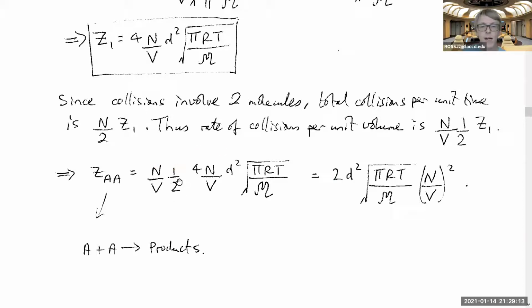So if we add that factor of a half back in, then we can see that we've got some canceling out to do. 2 goes into the 2 once, goes into this twice. And then we've got n multiplied by n, which is n squared, v multiplied by v, which is v squared. So we have this overall expression here.